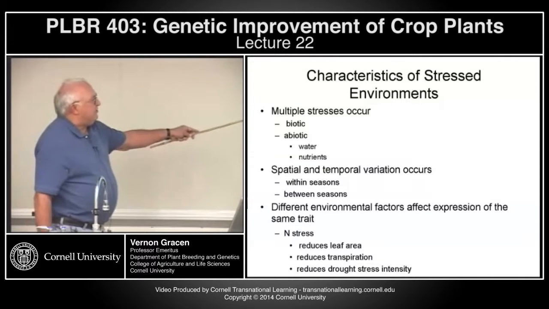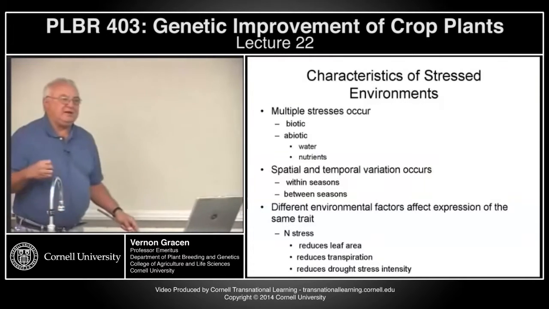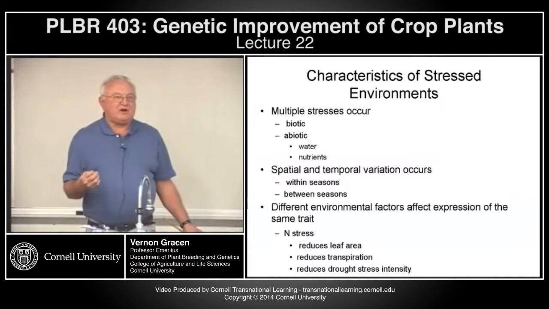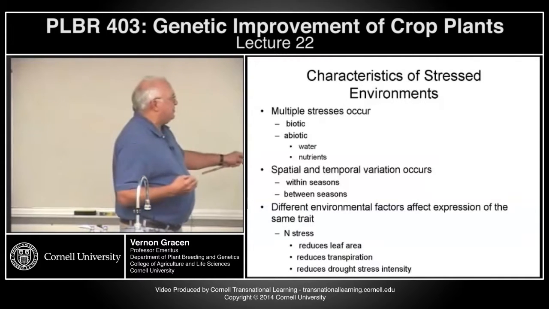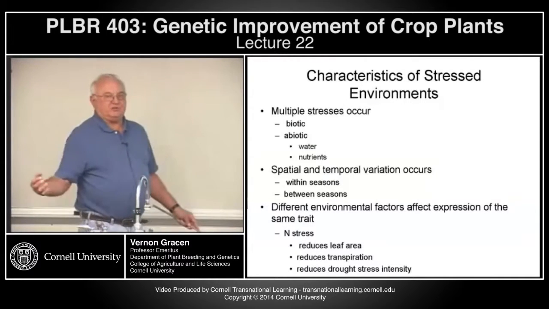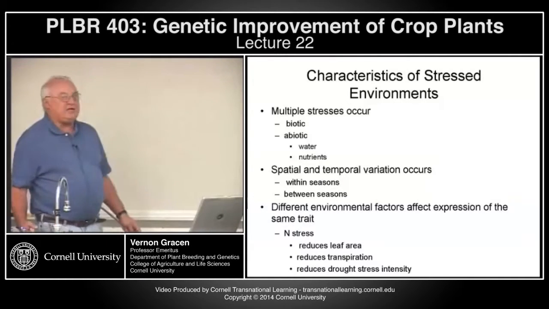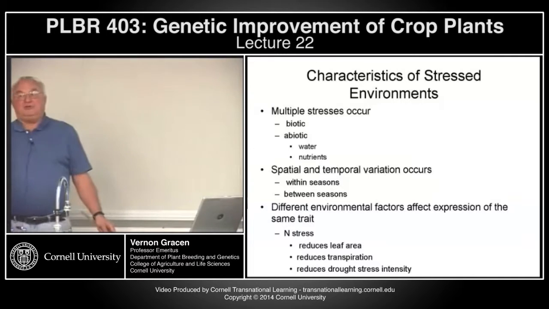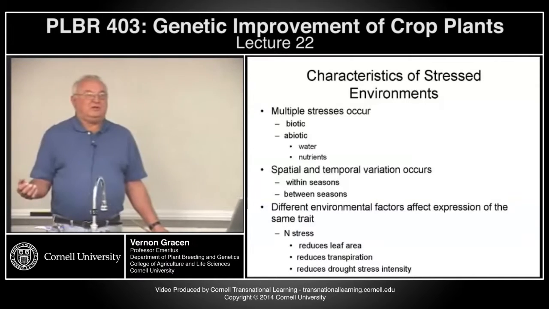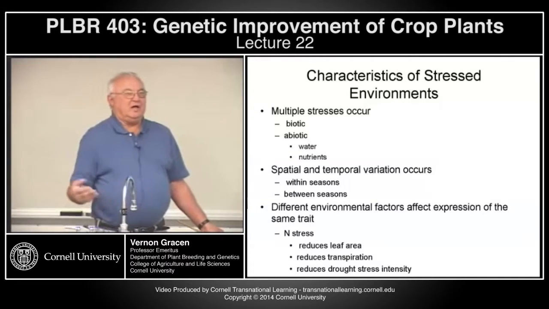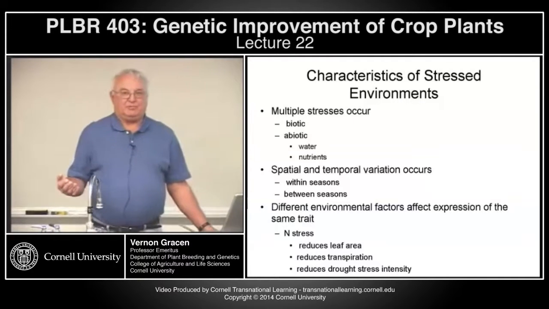And different environmental factors can be expressed differently on different traits. If you have nitrogen stress, for instance, it reduces your leaf area, reduces transpiration, and so if you stress your crop for nitrogen, you can somewhat alleviate the water stress problem.